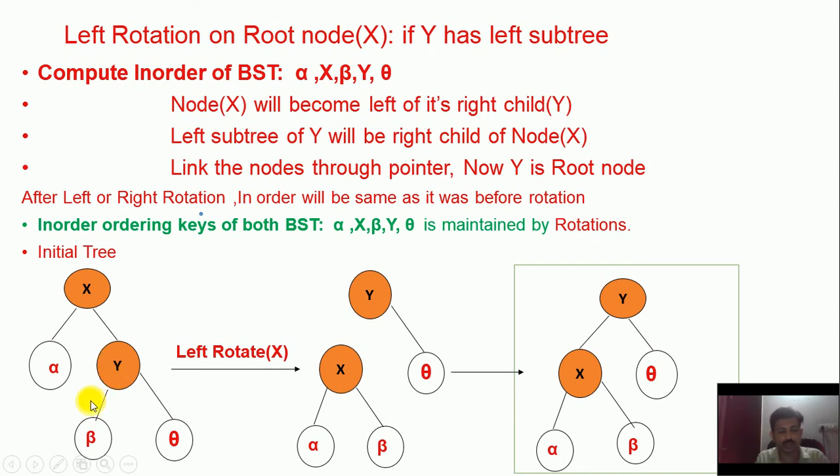Obviously the value of alpha is less than the value of beta, because we have computed the in order, which means the values are in ascending order.